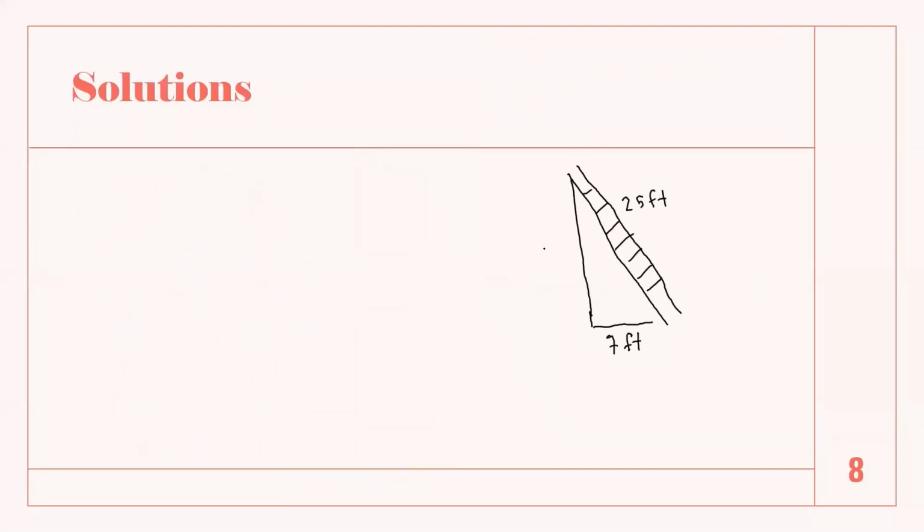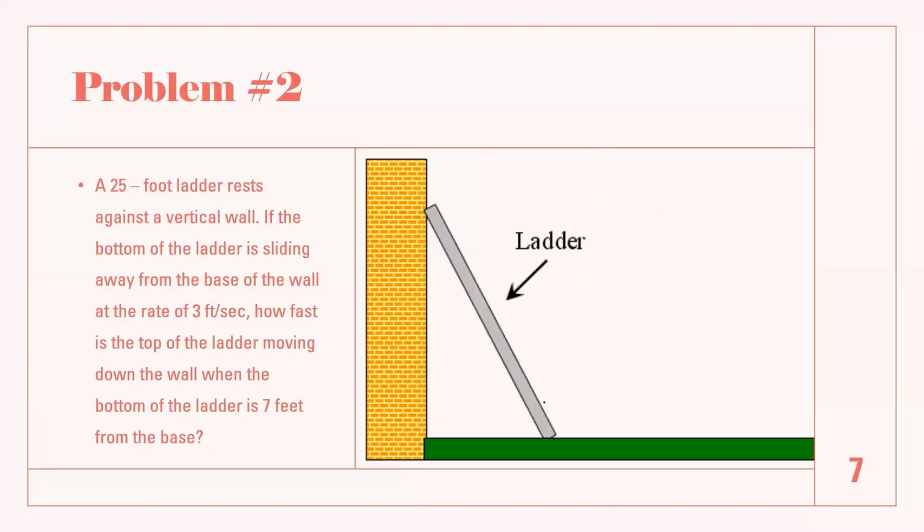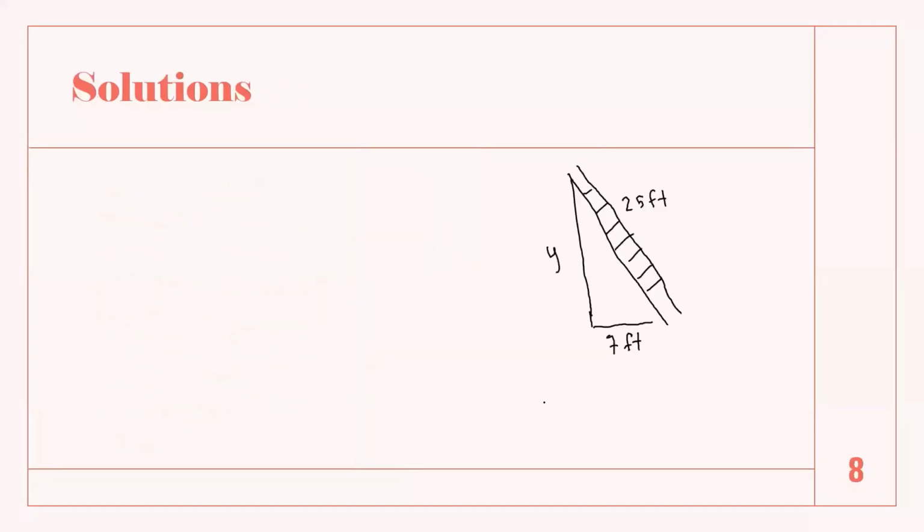So we do not know the distance between the top of the ladder and the bottom. So the y is what we do not know. So what we are going to do is solve using the Pythagorean theorem. So our hypotenuse is 25 feet.